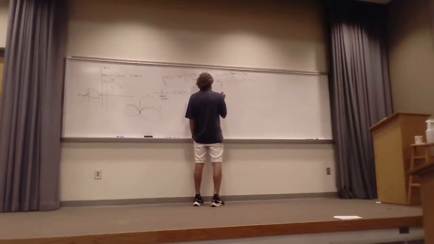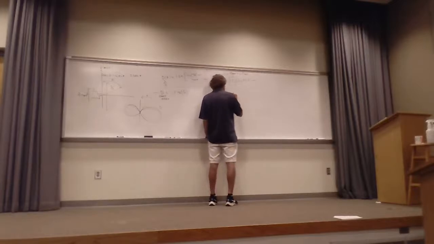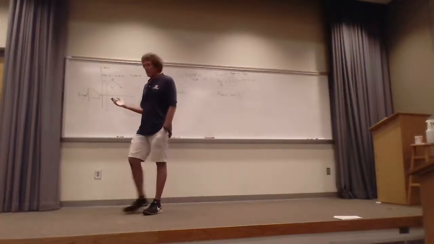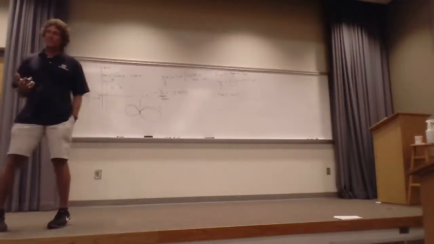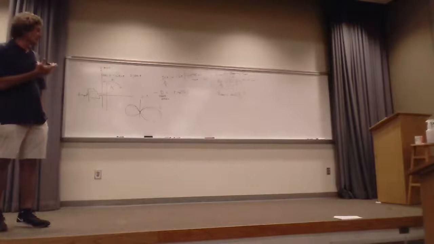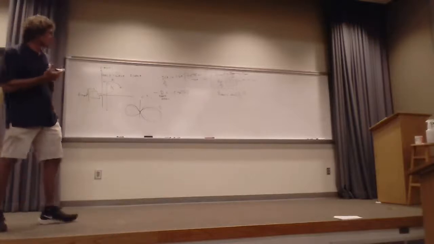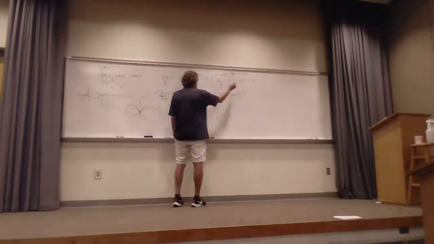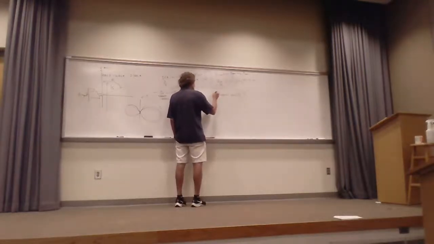For a short dipole, they just put the radiation resistance in Dr. Wentworth's book, and that's 40 times pi squared times length over lambda, squared. Do y'all remember that? Right? All right, and for this one, remember, you use this formula for the radiation resistance. This would be for a short dipole. I'm trying to put everything for the half-wave dipole up here, and this would be the short dipole.